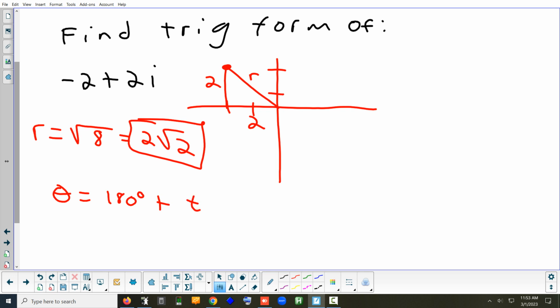So 180 plus inverse tangent of, what was my y value? 2. My y value is 2, divided by my x value, -2.